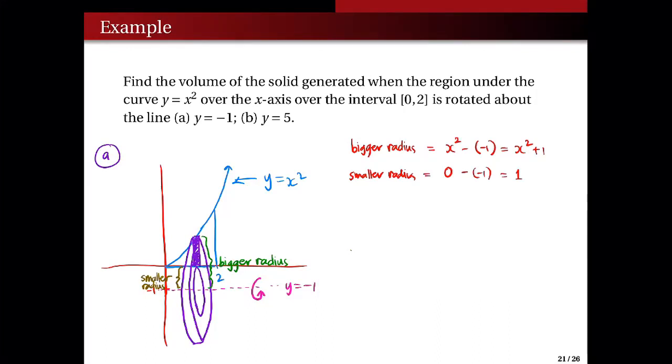Therefore, volume will be the integral from 0 up to 2 of pi times bigger radius squared, that's x squared plus 1 squared, minus smaller radius squared, that's 1 squared. And then you have your dx.